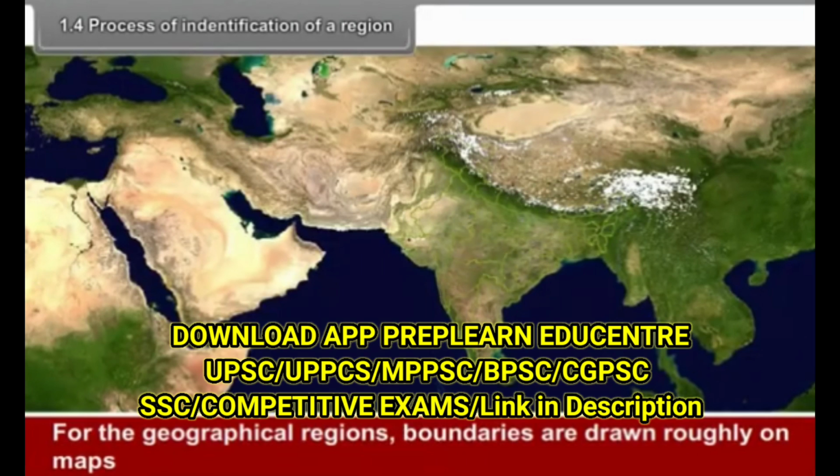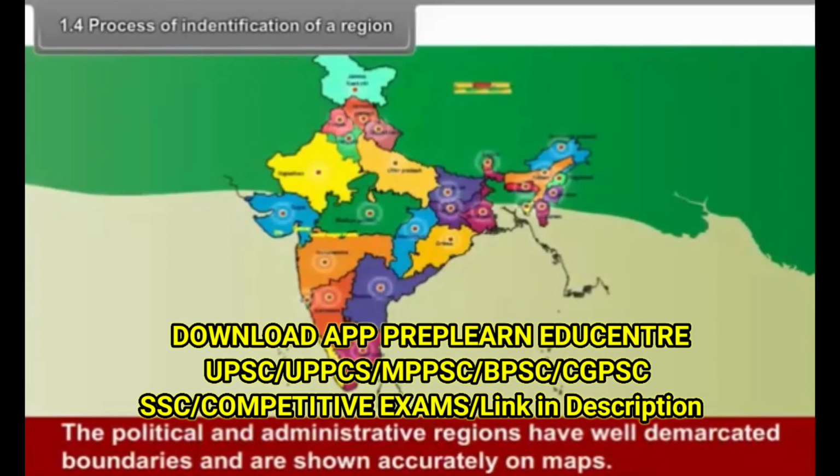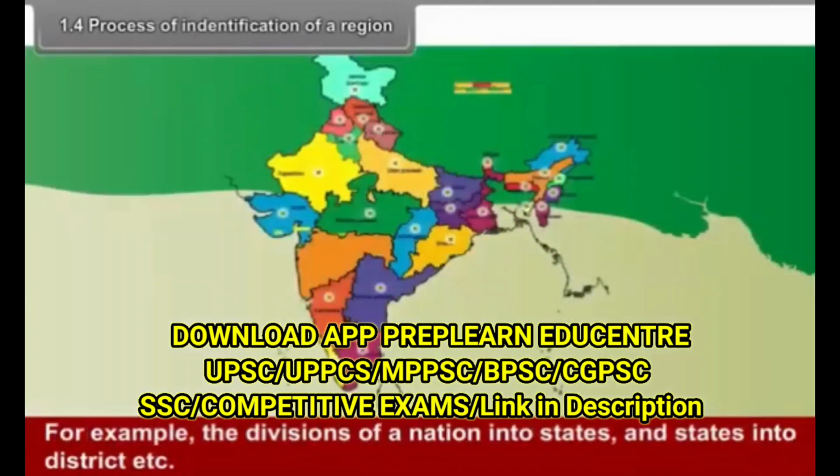For the geographical regions, boundaries are drawn roughly on maps because these boundaries are mostly in the form of transitional zones. The political and administrative regions have well demarcated boundaries and are shown accurately on maps.